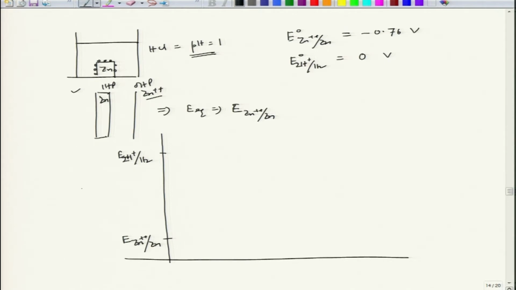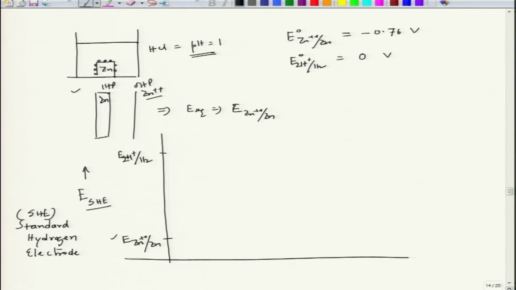So, that means in the potential axis with reference to the standard hydrogen electrode, this SHE, this value will be on top of this value if we consider the standard state of the two half cells.